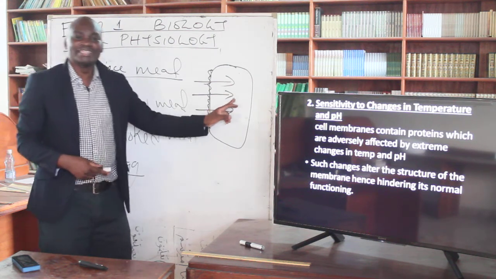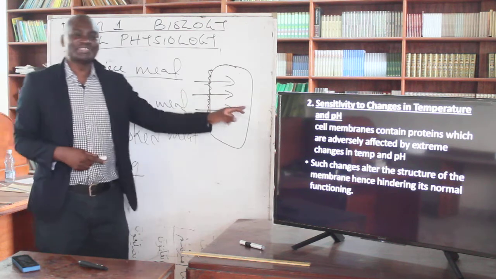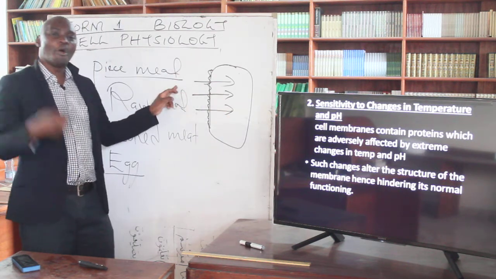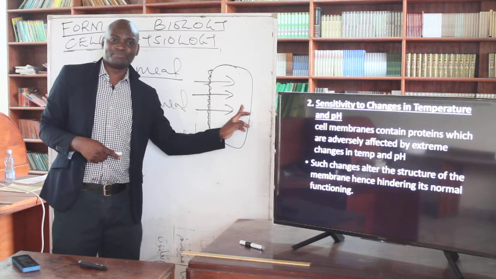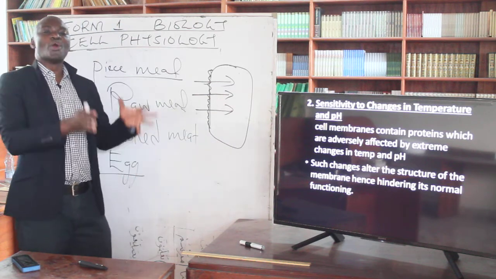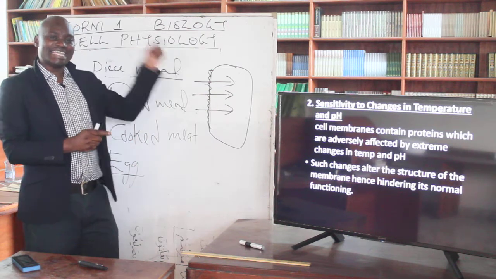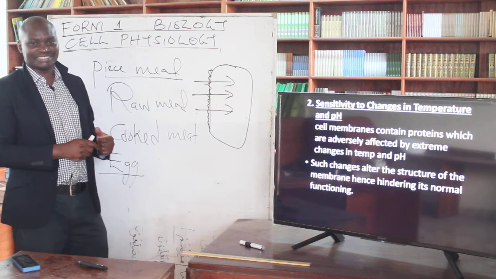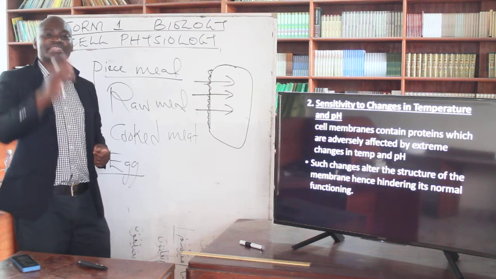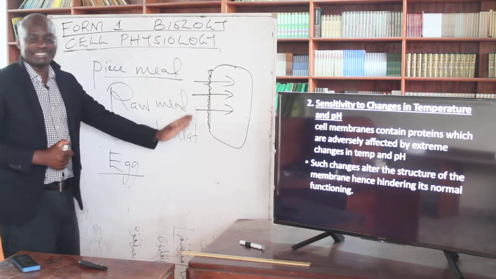It will not allow enzymes to come out. It will not allow water to get into the cell. It will not allow oxygen to get into the cell. Because the work of the cell membrane is to control the movement of substances into and outside the cell, and it must remain semi-permeable.